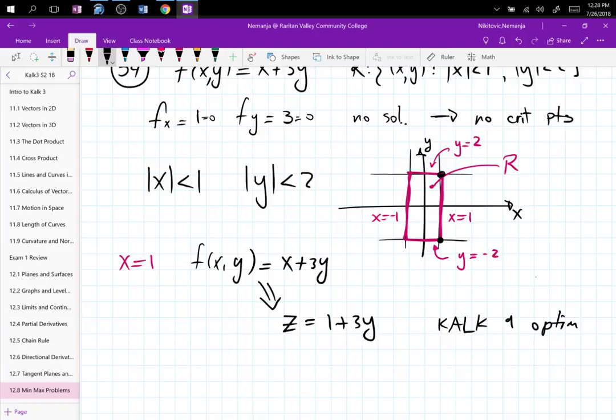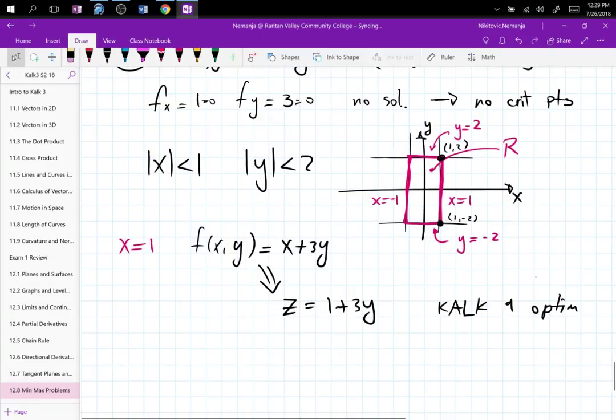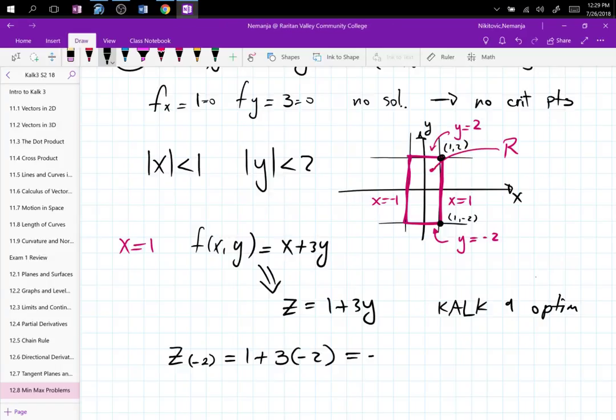You have the endpoint on the bottom, which is (1, -2), and on the top, you have (1, 2). So you can compute your z values at y equals -2. You will get 1 plus 3 times -2 for a total of -5. And z at 2 is going to be 1 plus 3 times 2 for a total of 7.